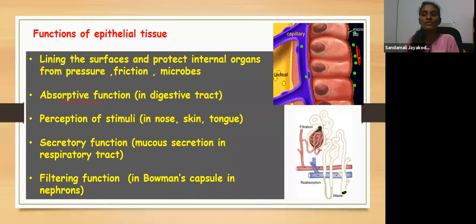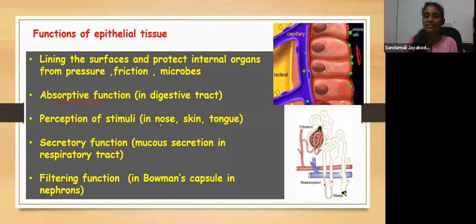All the substances, some glucose and different minerals and all the nutrients are absorbed into capillaries and also into lacteals. Lacteals absorb mostly the lipid things and capillaries absorb all the other things like medicines we have taken in, and other nutrients. So it's the absorptive function.